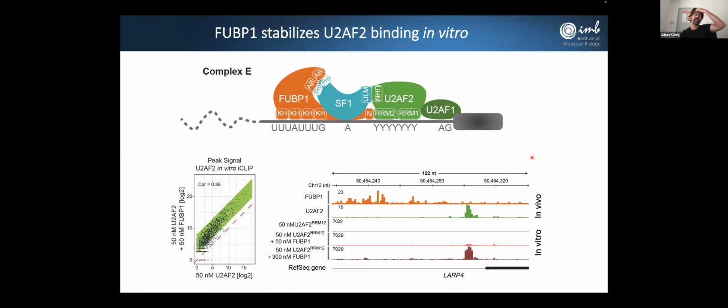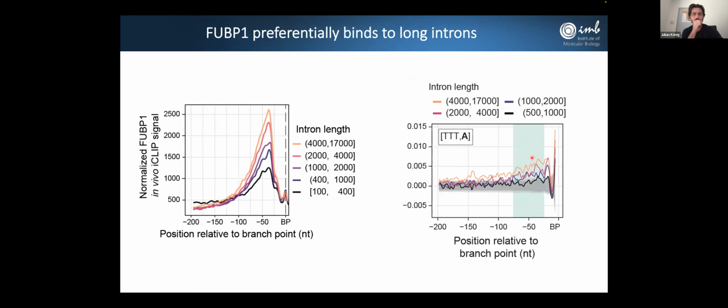So why could that be important, or are there specific exons where this may be more relevant? We analyzed our FUBP1 in vivo iCLIP further, and what we found was that we see more binding of FUBP1 to splice sites of longer introns.